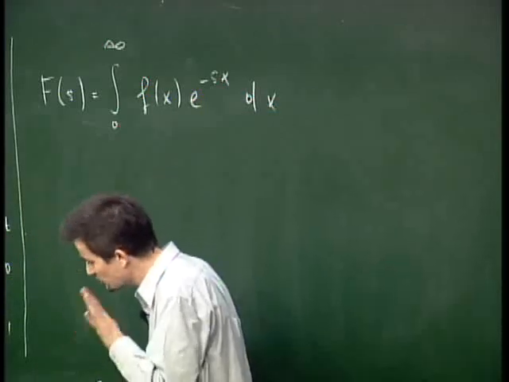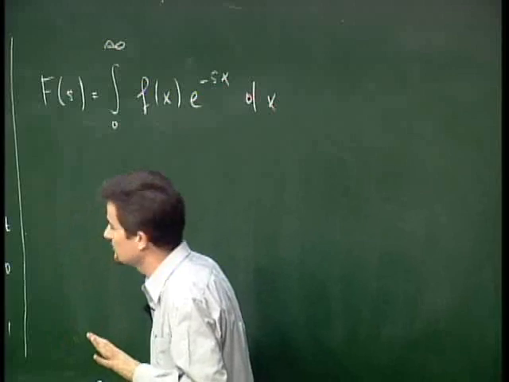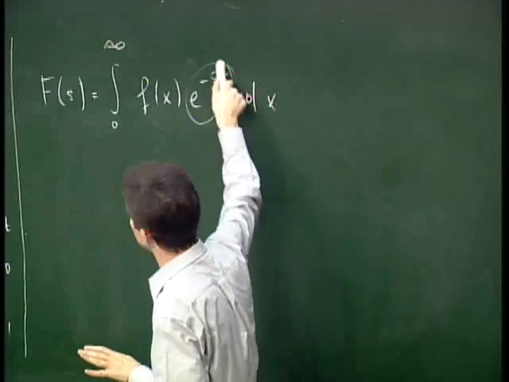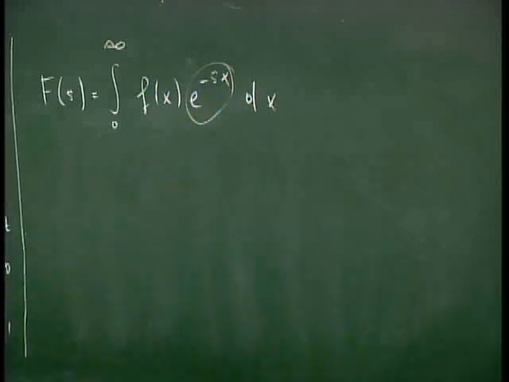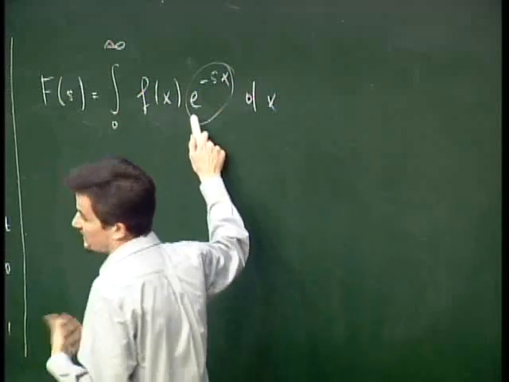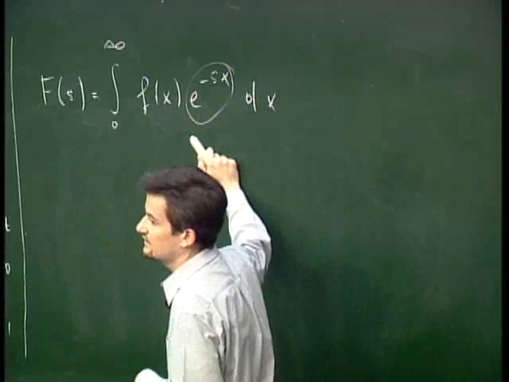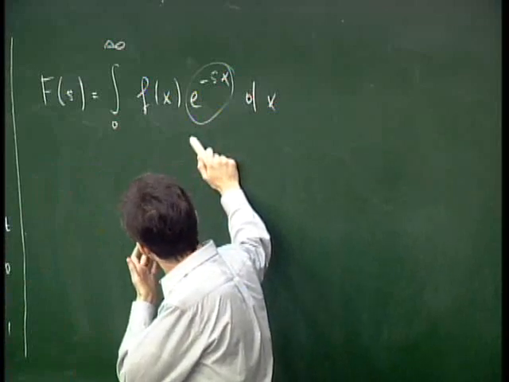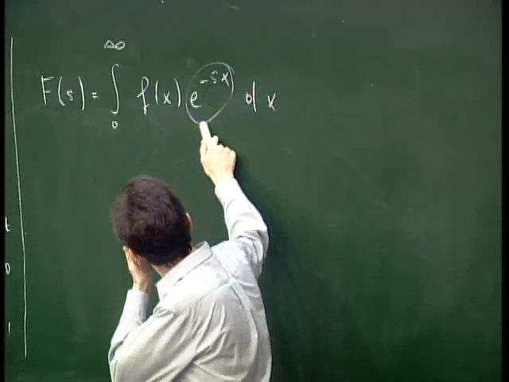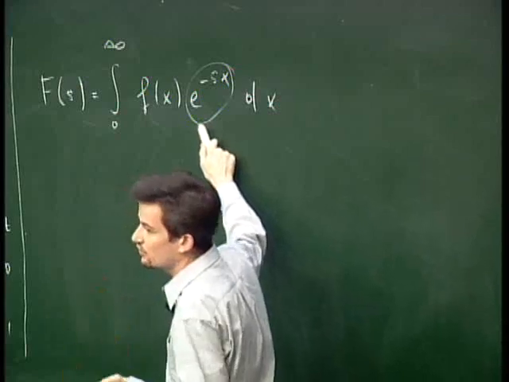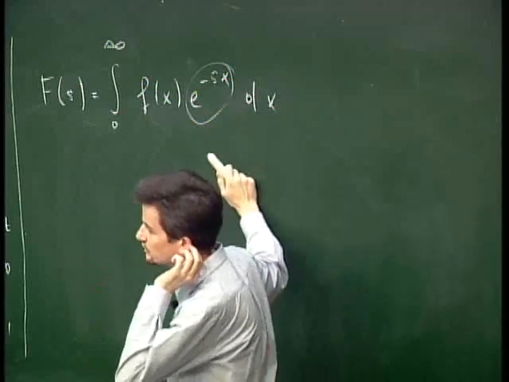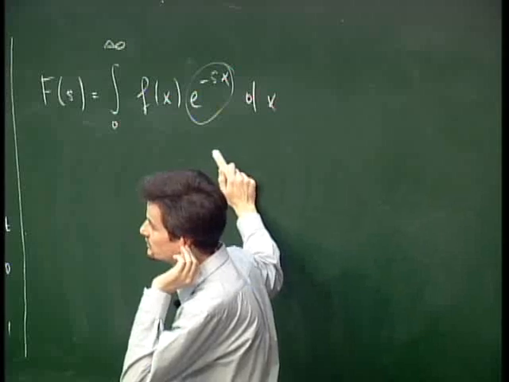I'm not going to explain why they are interested in it, but I should explain why they choose this function here. Because actually you can replace this by other functions, and there are indeed other transforms, like the Fourier transform, which use another function here. So there are quite a lot of other so-called integral transformations.